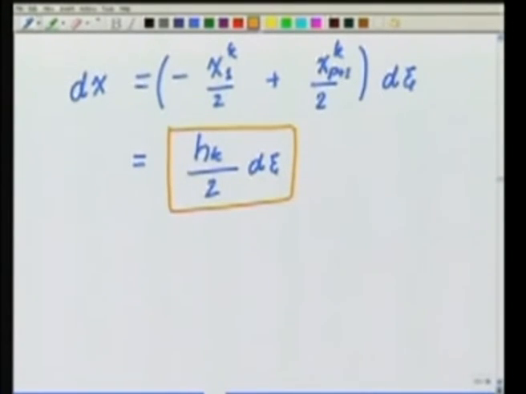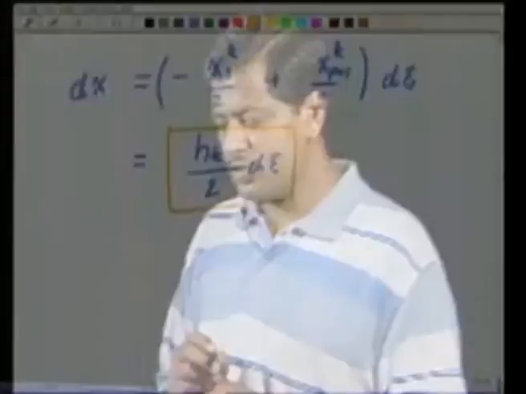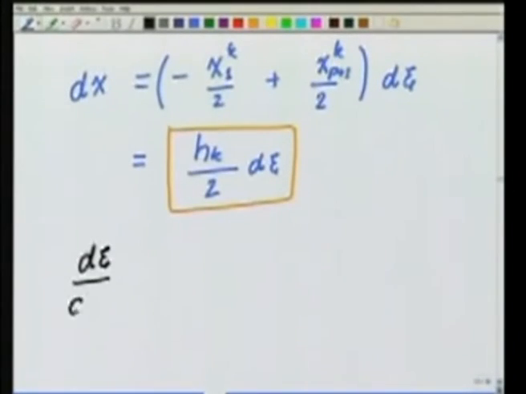So, dx becomes hk by 2 d psi. So, the derivative now, can I substitute? d psi dx becomes equal to 2 by hk.